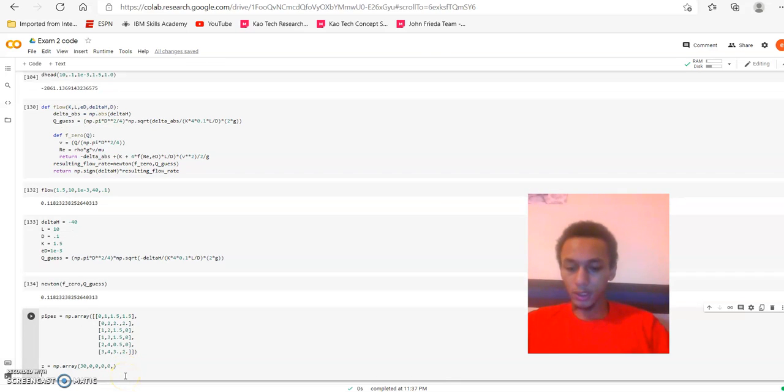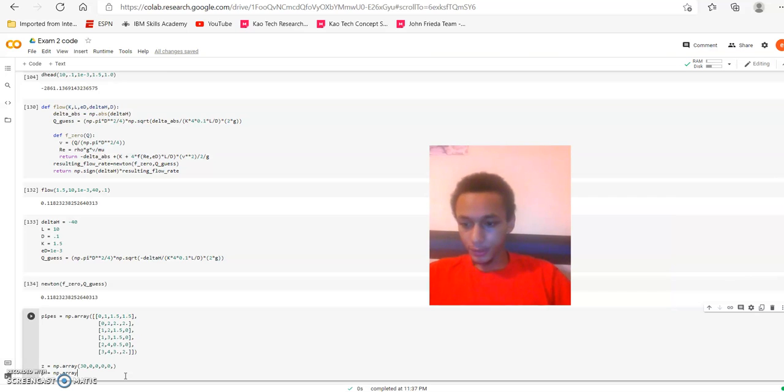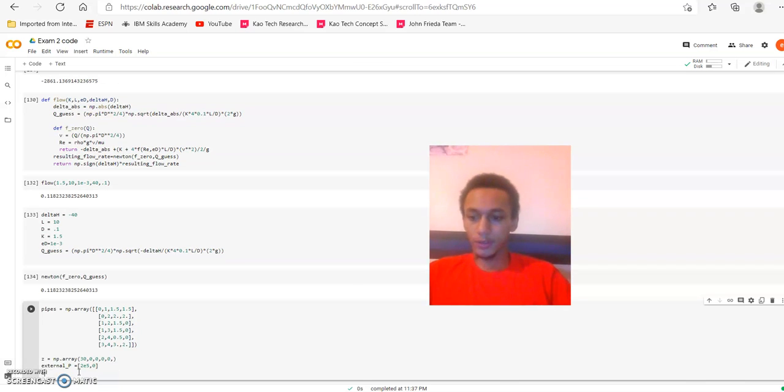And what else are we going to need? We're going to need the pressures. With pressures, let's say external. It's not an array. This is going to be 2e to the 5th and 0. We're going to need the external nodes. It's going to be 0, 4.